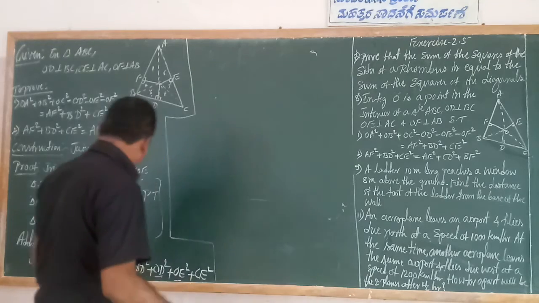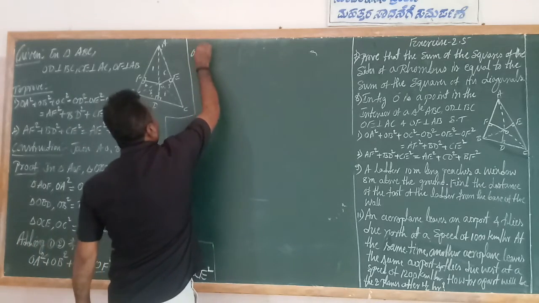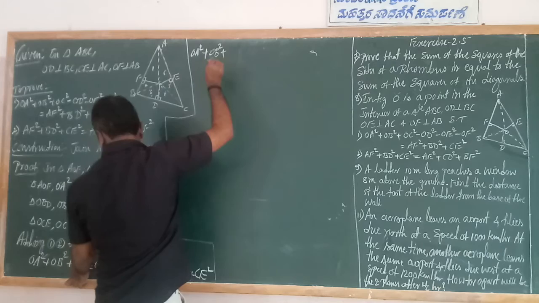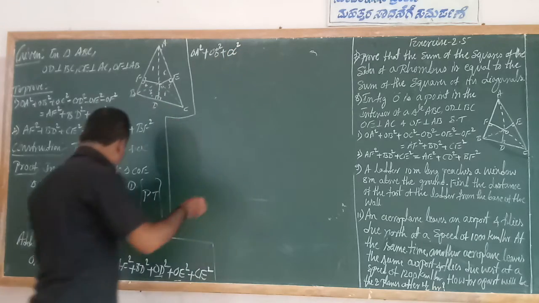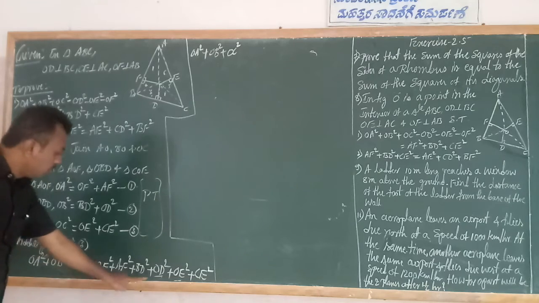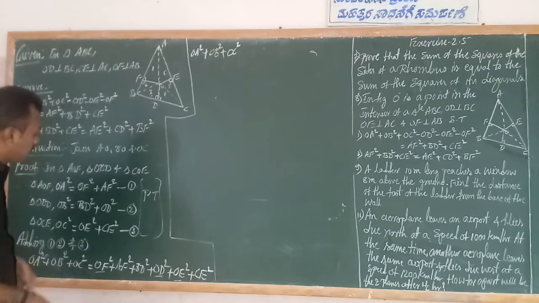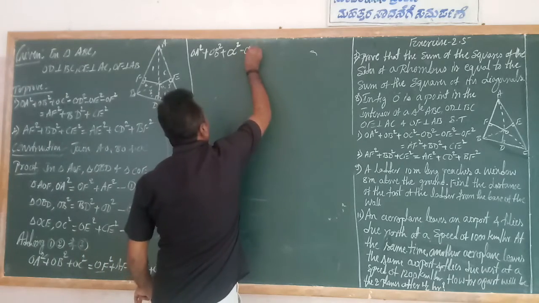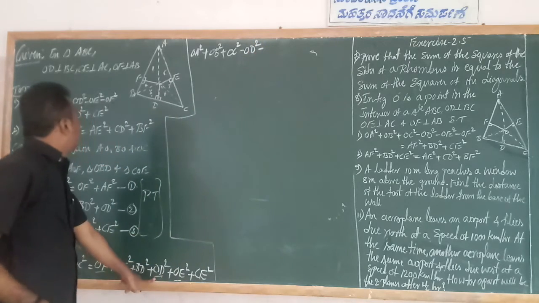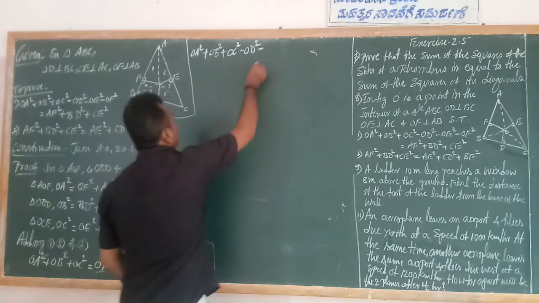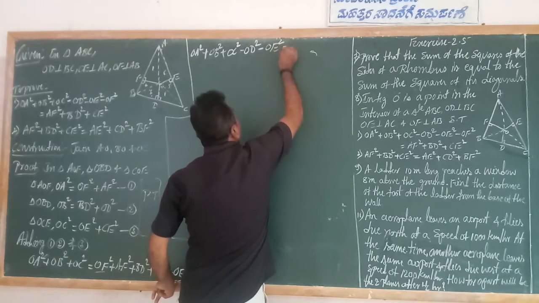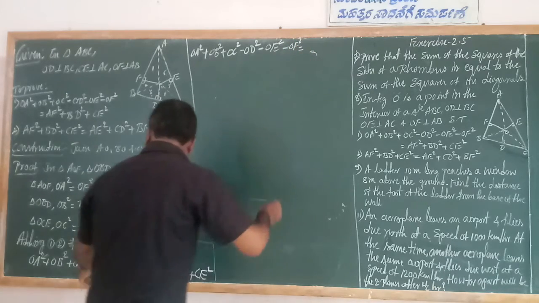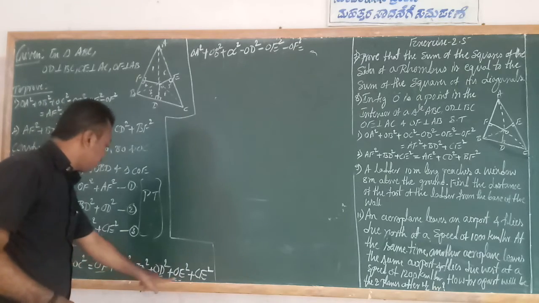See, OA square plus OB square plus OC square, minus OD square, minus OE square, minus OF square, is equal to the remaining AF square plus BD square plus CE square.